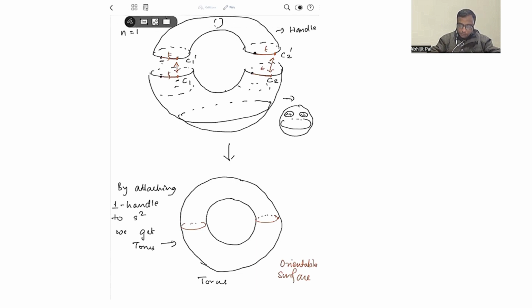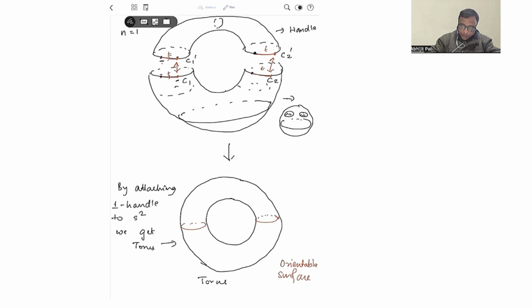Attaching one handle to the sphere means we are attaching two handles along their boundary components. So we have two handles here: this is one handle and this is another. This lower one, you can just consider to be a sphere with two holes.